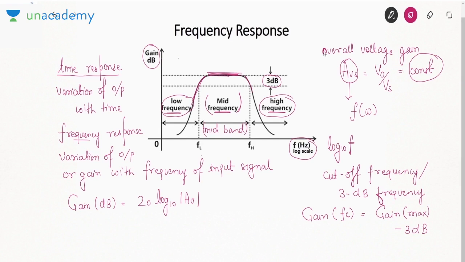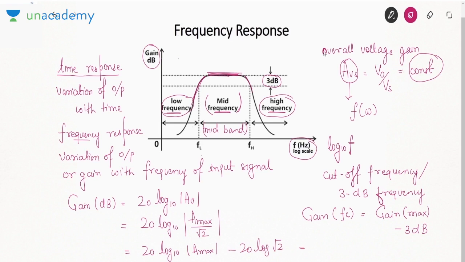Now how it is defined is, suppose the gain becomes maximum gain by root 2. So 20 log maximum gain minus 20 log root 2.